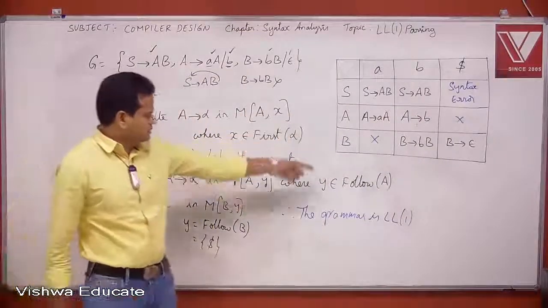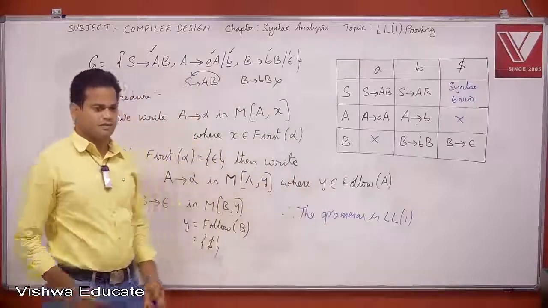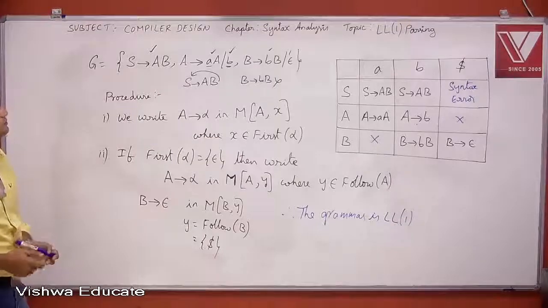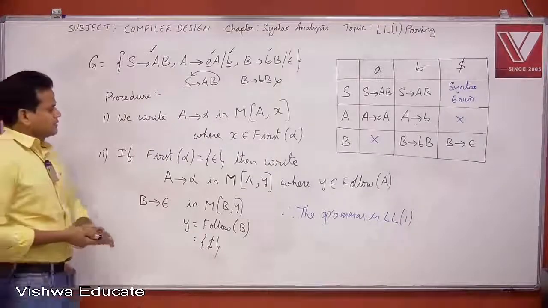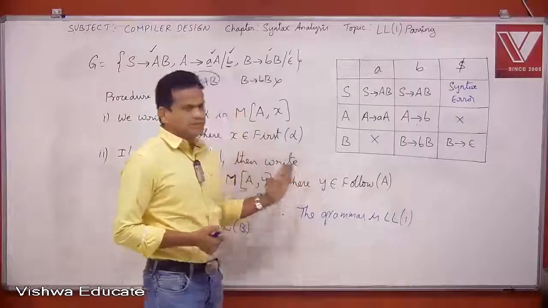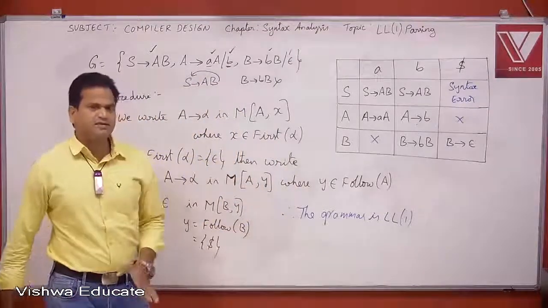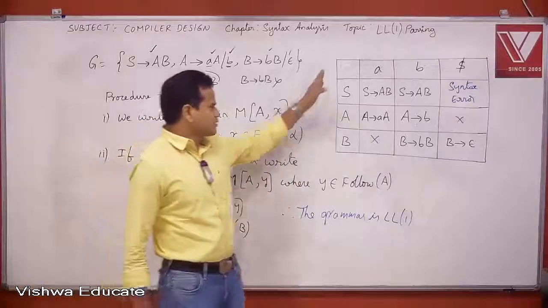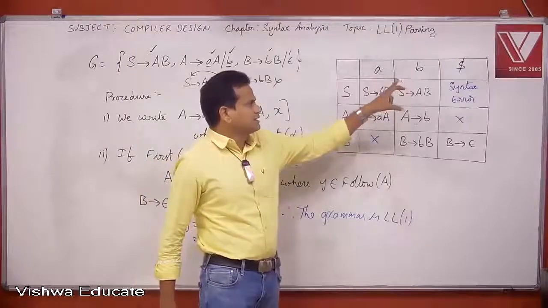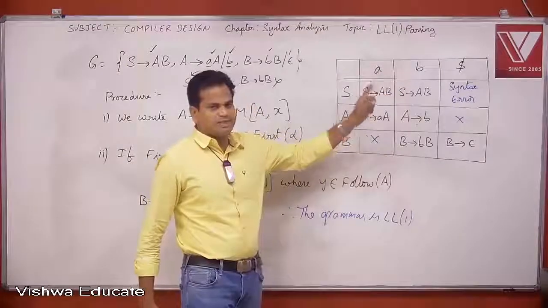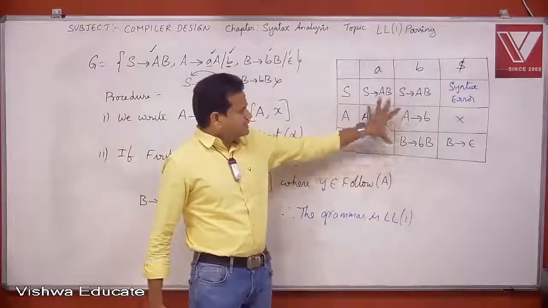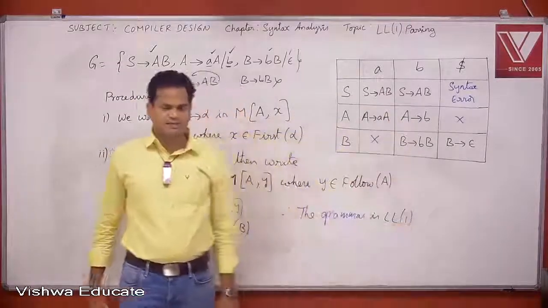Yes, of course, it is LL(1). Actually, this is the procedure to decide whether a grammar is LL(1) or not. Means we take all the non-terminals in the rows and terminals in the columns excluding epsilon, including dollar, and after filling, if every entry is single, then it is LL(1).